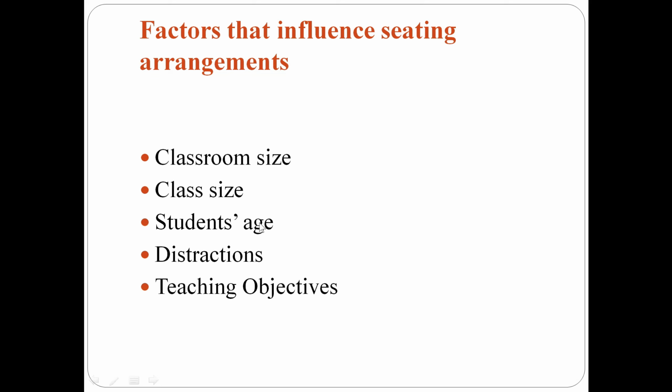Students' age is also a very common factor among our classrooms. Distractions, for example, the environment or the surroundings of the classroom and the school. Teaching objectives are also very important, what the teacher is doing in the classroom. So we have 5 factors which can influence seating arrangement: classroom size, class size, students' age, distractions, and teaching objectives.